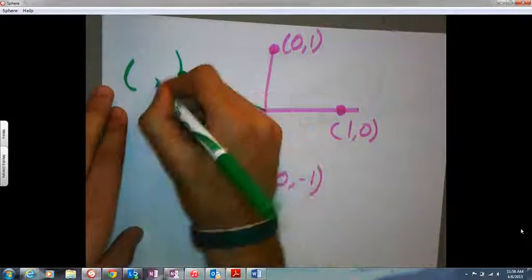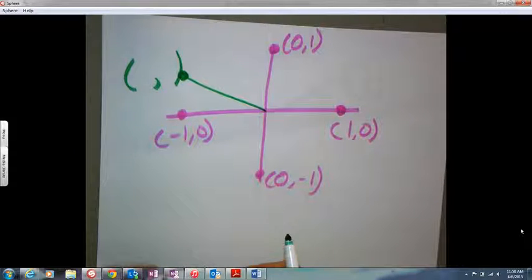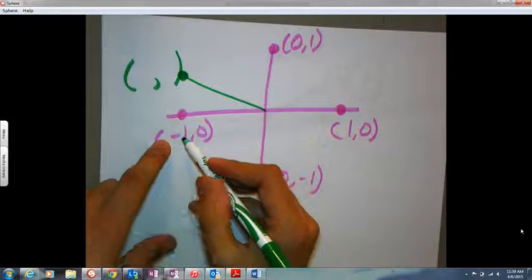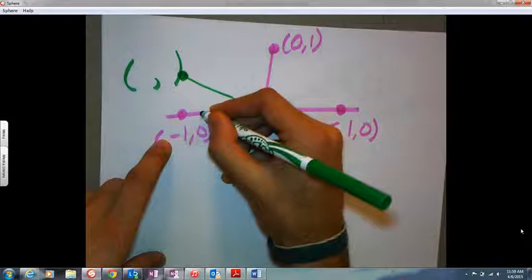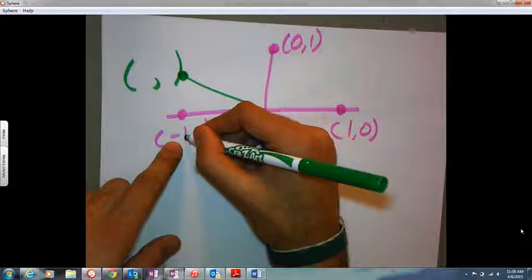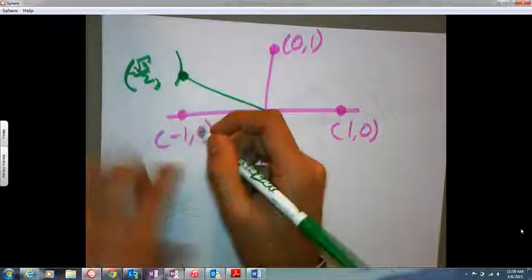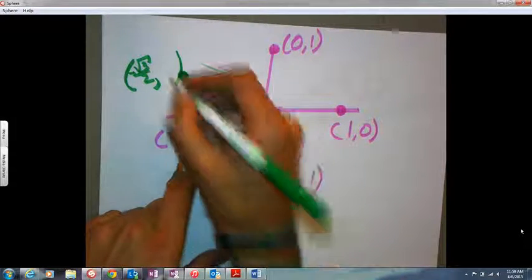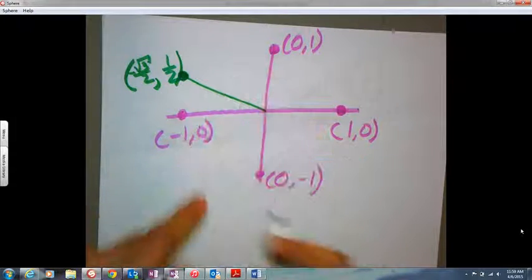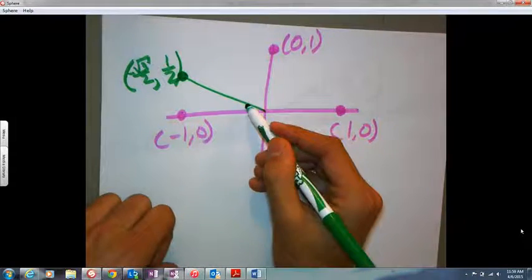And then I ask myself, well, it is very close to this angle. So what comes right before -1? That'll be -√3 over 2. And what comes before 0? That is 1/2. And then when someone says, what is the sine of 5 pi over 6? Then I can answer 1/2.